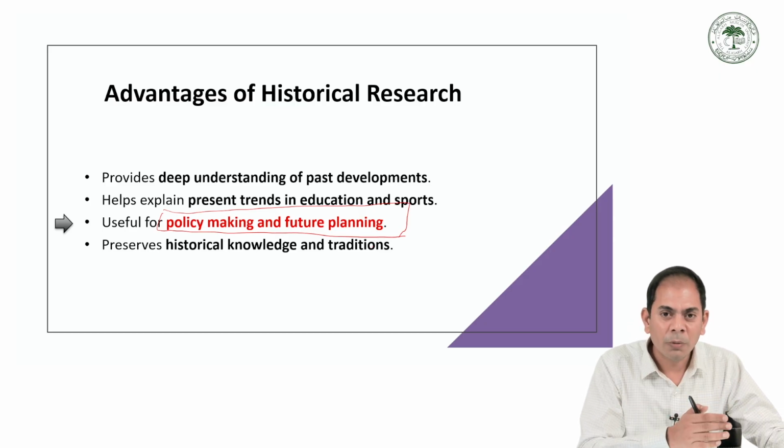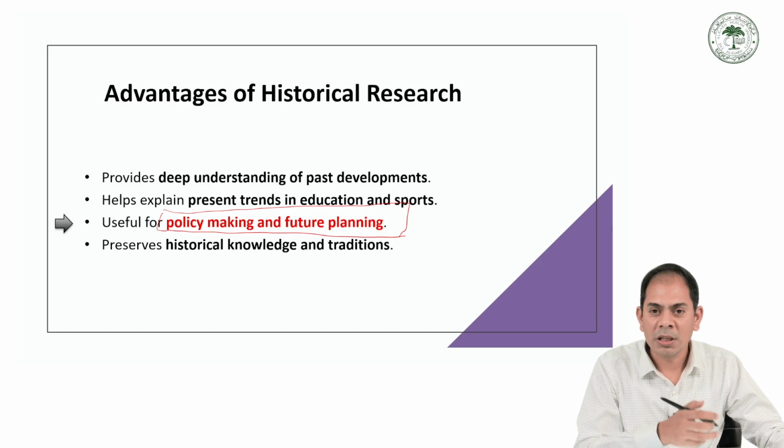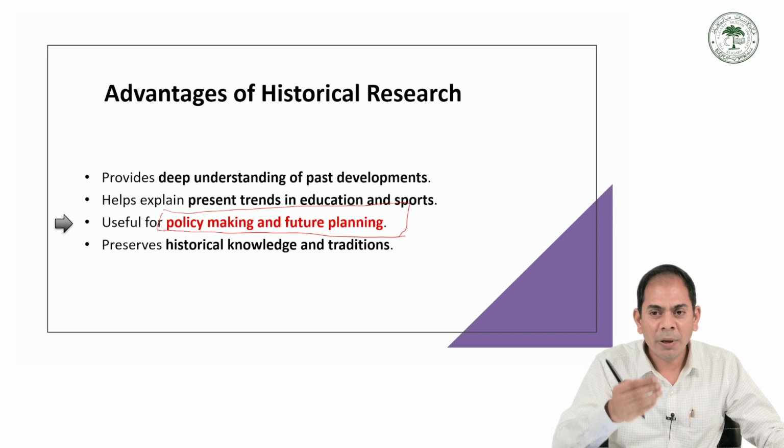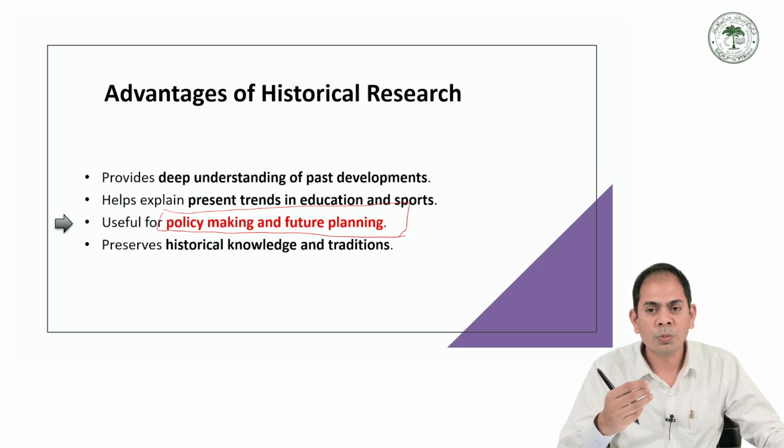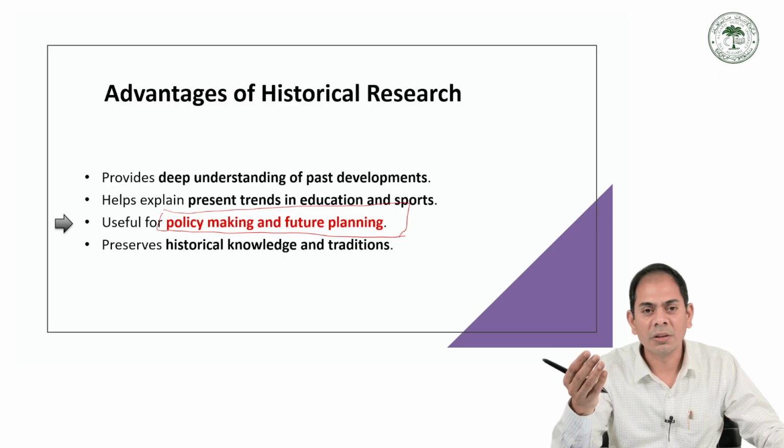By studying the past successes and failures of government policies, educational institutions and sports organizations can make better decisions for the future. For example, by studying the history of sports policy in India, policymakers can improve training facilities, physical education programs and athlete development through schemes for future generations.